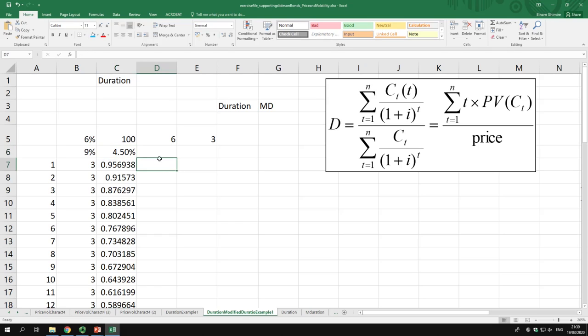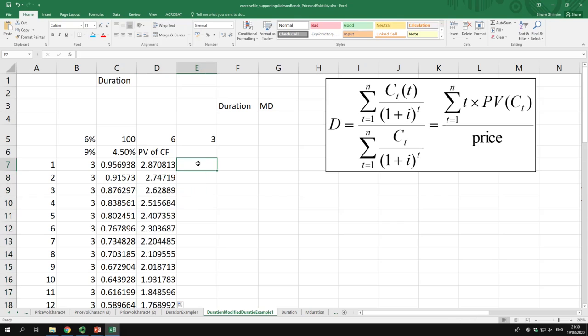Now what we need to do is find out the present value of cash flows, which is going to be 3 times this discount factor, and double click. What we are interested in is the price of the bond, and therefore the summation of this is the price of the bond.